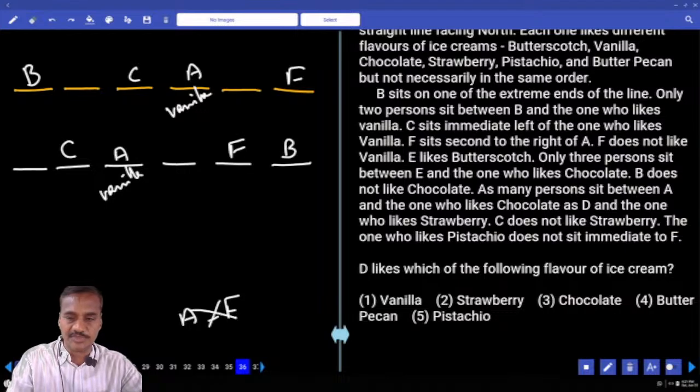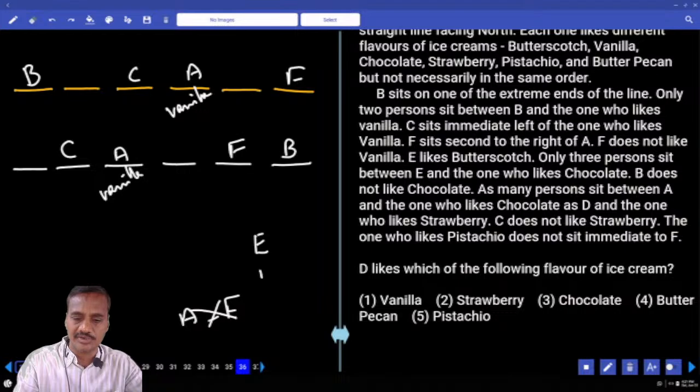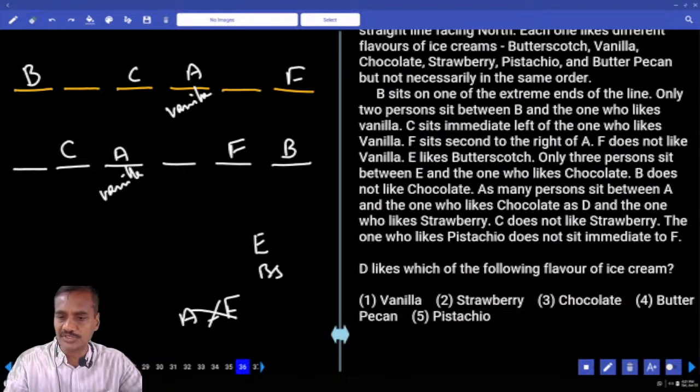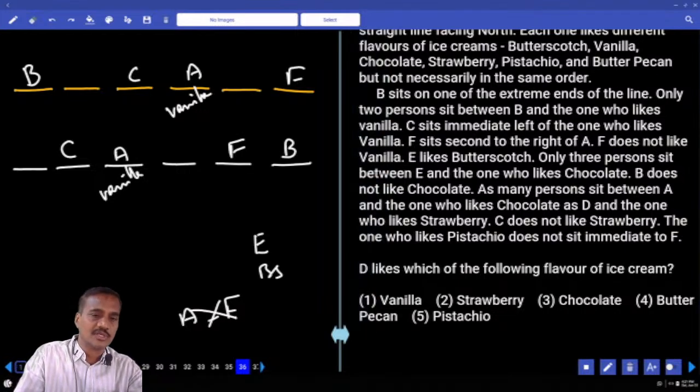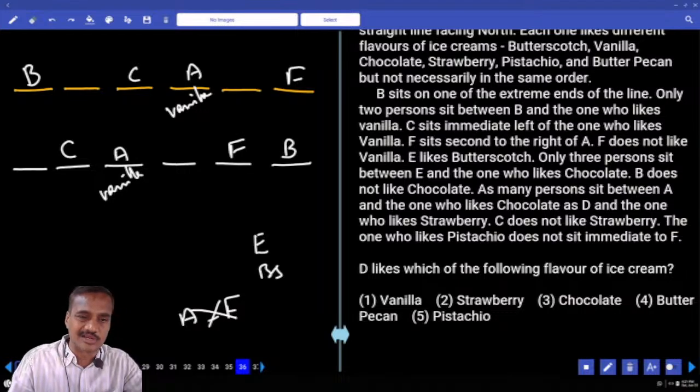And next one, this has been done. And E likes what? E likes butterscotch. Now E likes butterscotch, and only 3 persons sit between E and chocolate. Now between E and chocolate, there must be exactly 3 people.